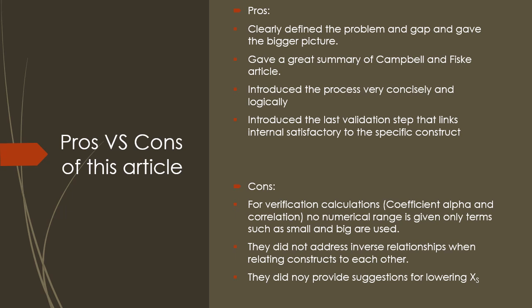The third thing is they gave us a lot of tips on how to lower XR, the random sources of error, which will get us closer to being reliable, but they kind of skipped over the systematic error because they did not give any tips on how to better the methods, how to better the data collection steps, how to better any step that has data collection.